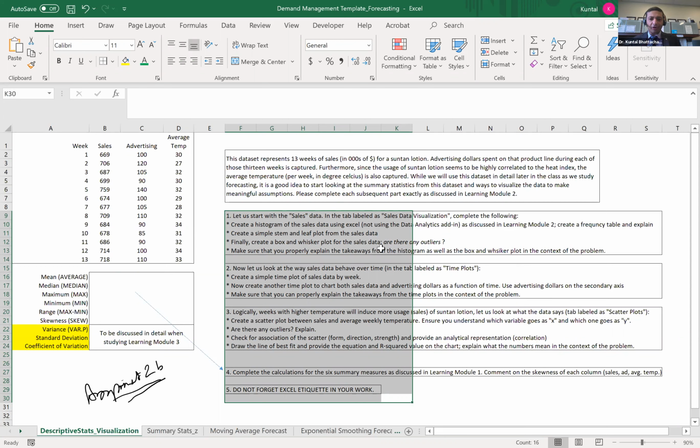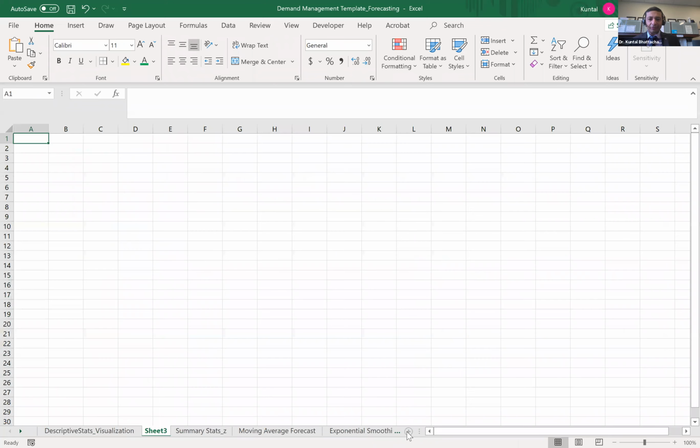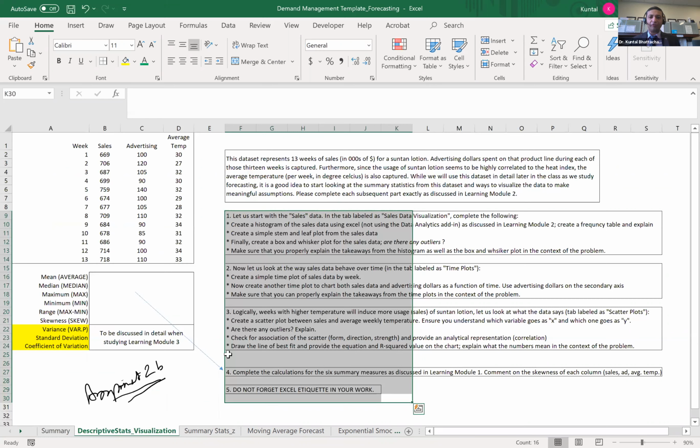And as part of that assignment, if I am not mistaken, you also wrote or summarized the information, right? You had already summarized that information. You already have a summary tab that provides an overview of the descriptive visualization that you have done for me as part of this exercise. So make sure that you bring in all of assignment 2B back here.